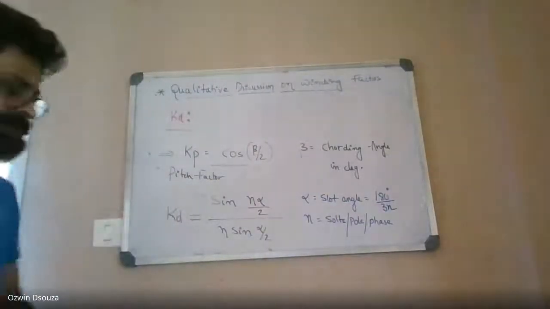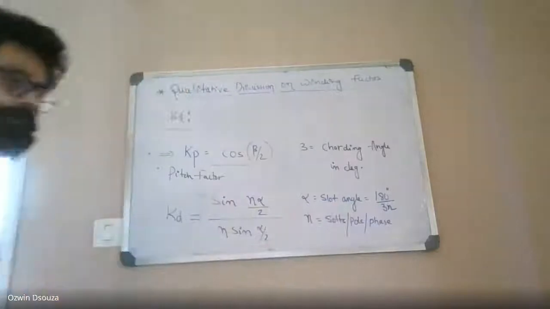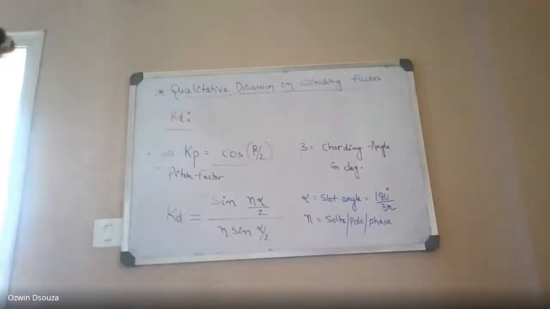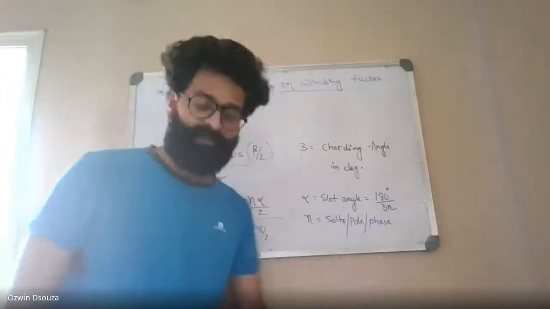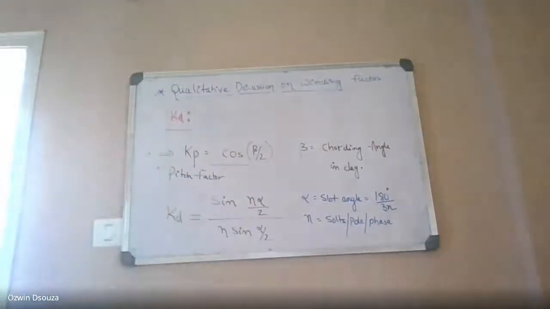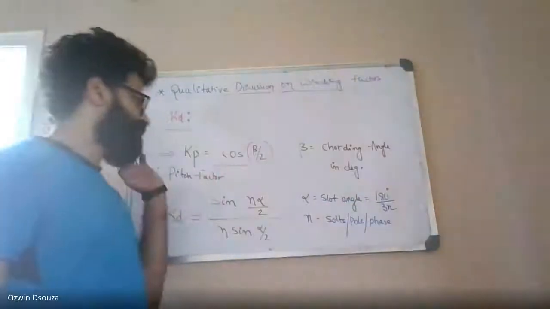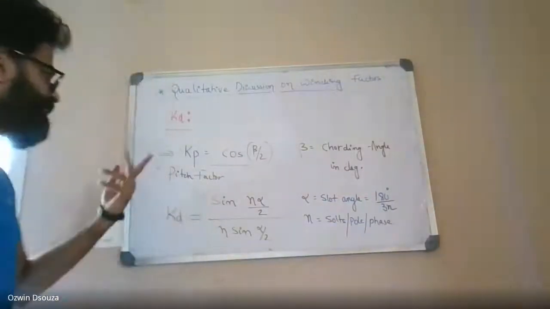Very simple to understand. When we take numericals, you will be able to understand in a better way. So, number of slots divided by poles divided by phase. When we solve problems, you will understand how exactly we calculate Kd and Kp.